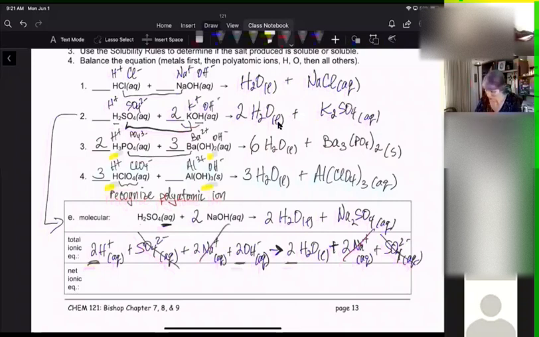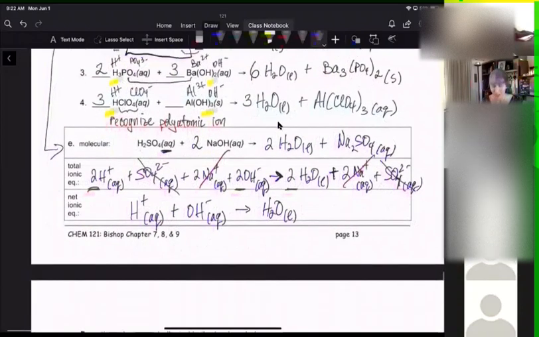We would prefer usually to have the smallest coefficients in our balanced equations, so I will just cancel out those 2's and show that the H plus comes together with the OH minus to form the new water molecule. And that's the driving force for the reaction. This is a double replacement neutralization reaction.